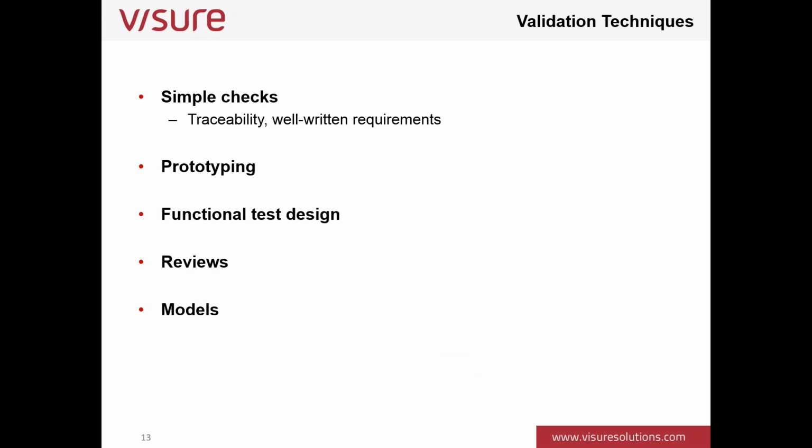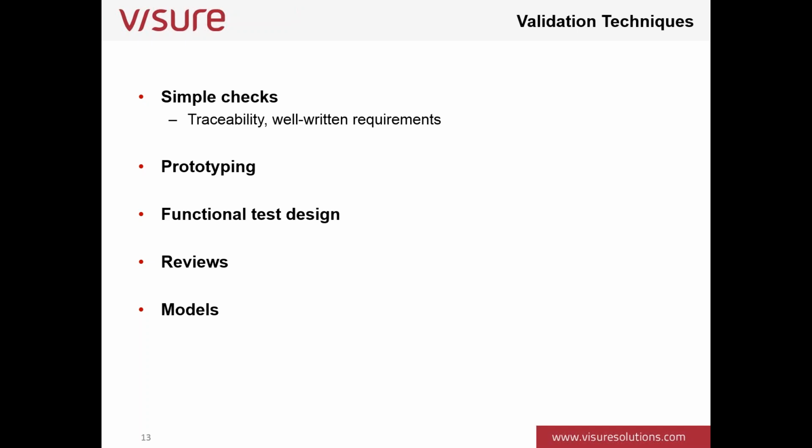So which validation techniques do we recommend for ensuring that what we are going to build is the right system, that it is going to fit the user needs? Well, there are different techniques, different mechanisms that we can use. We have gathered here five.